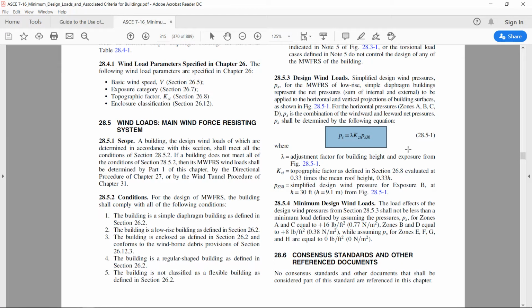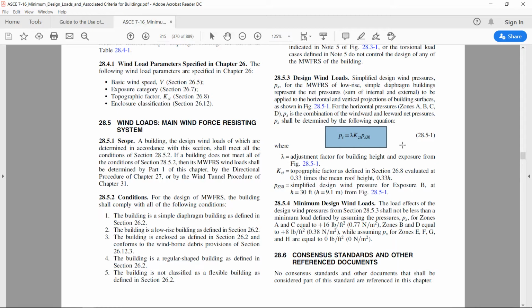If you see this equation in our old standard, that means ASCE 7-05 or 7-02, this equation is something like PS equals lambda times I times PS30. So instead of KZT, the parameter I was introduced before. And now in this equation, the parameter I is replaced by KZT. Why? That's a good question.